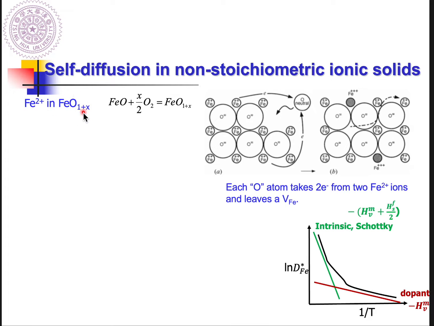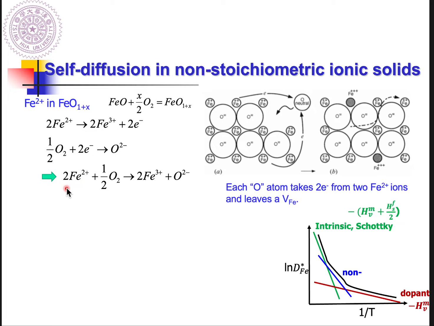If we put this iron oxide in oxygen, then this iron with 2 positive charge is going to lose 2 electrons, and the oxygen is going to receive these 2 electrons to become oxygen ions. So if you sum this equation up, you get Fe with 2 positive charge reacting with oxygen to become Fe with 3 positive charge and the oxygen ions.